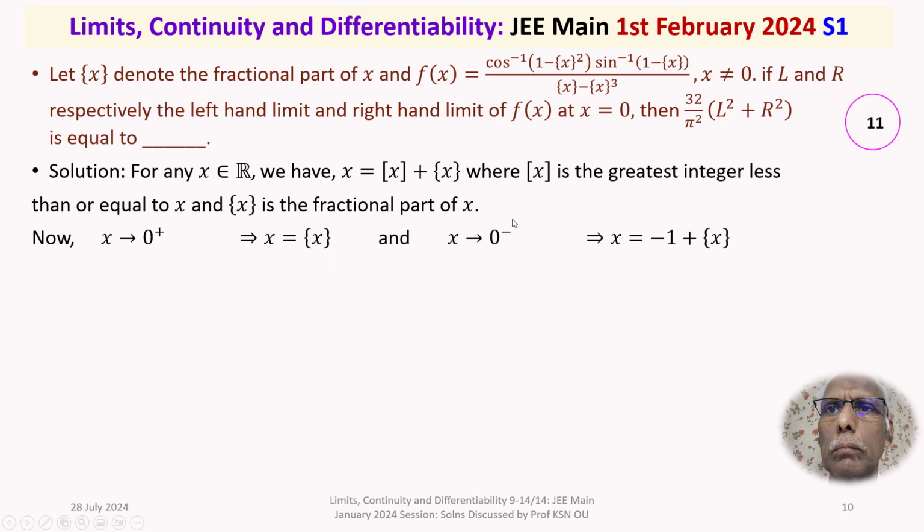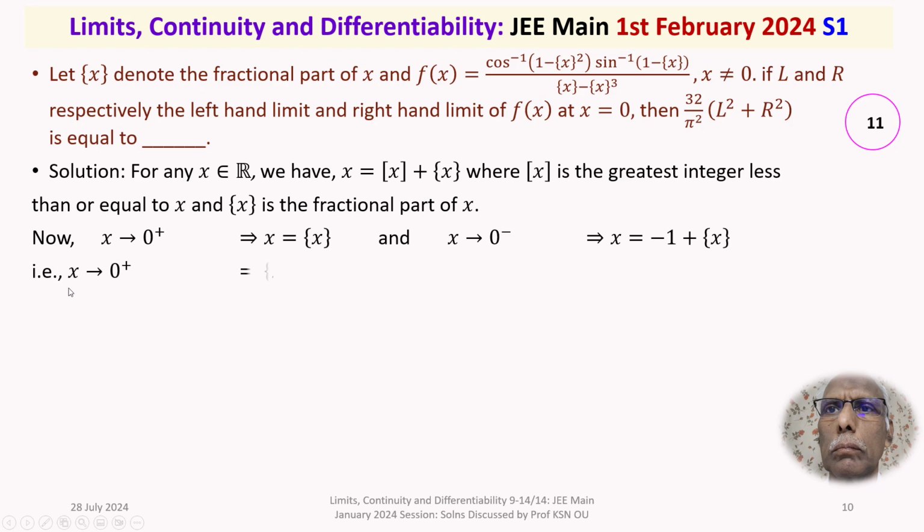As x tends to 0 minus, that means x is tending to 0 from the left, then what is [x]? The greatest integer less than or equal to x will be minus 1, plus the fractional part {x}.